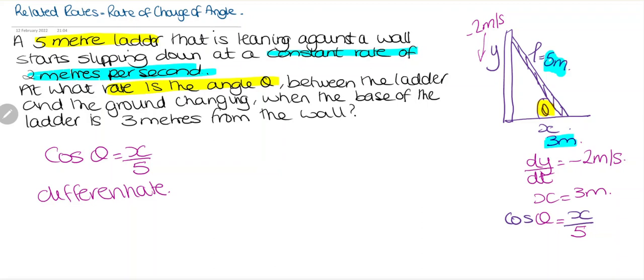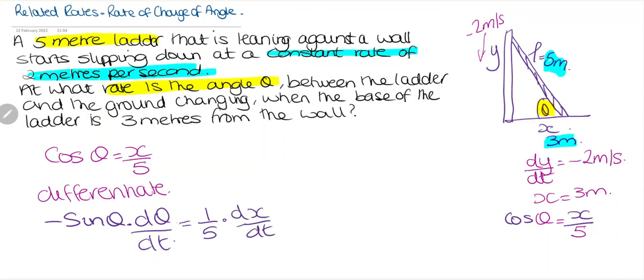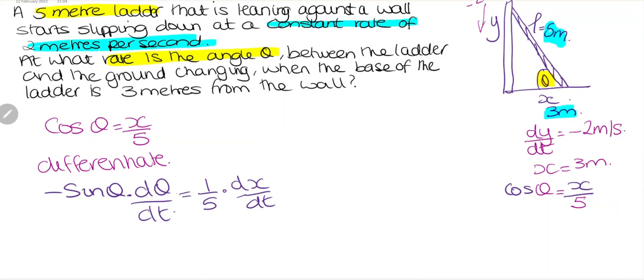So we're going to have negative sine of theta. This is going to be the rate of change of the angle, d theta dt. And we have a fifth multiplied by dx dt. So we can substitute in what we know. So we know that dx dt is negative 2.